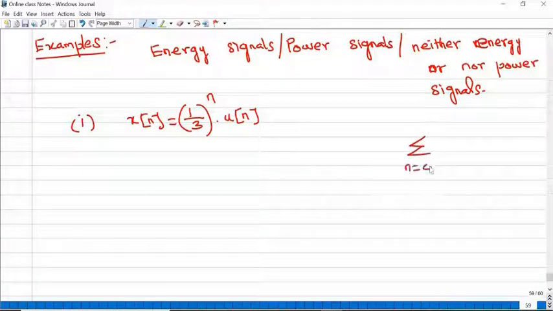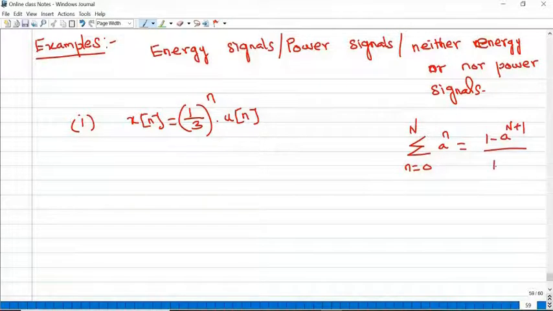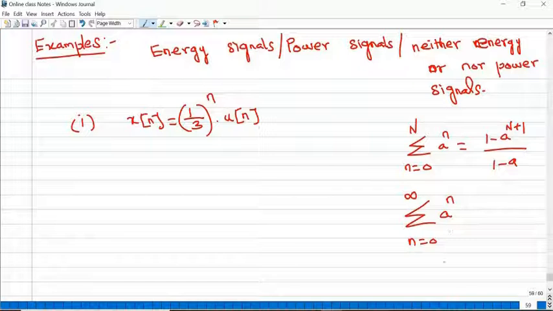Summation n equal to 0 to N of a power n. The formula is (1 minus a power N plus 1) divided by (1 minus a). And summation n equal to 0 to infinity of a power n, where also the magnitude of a is less than 1.